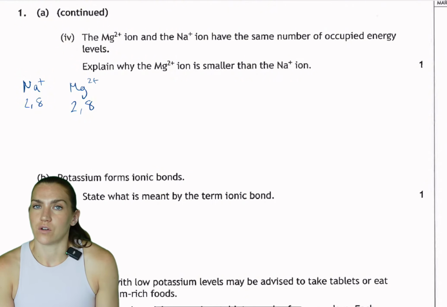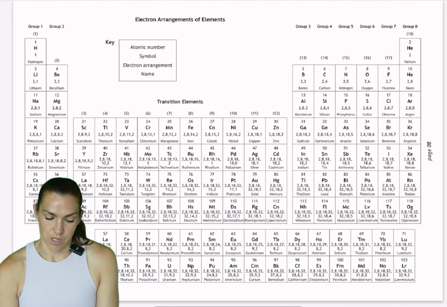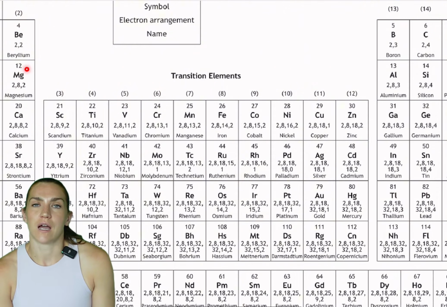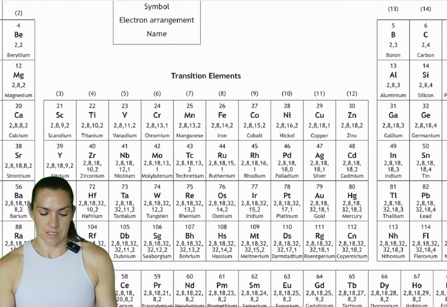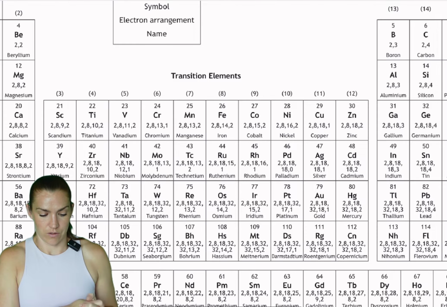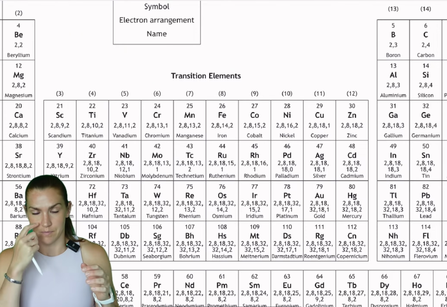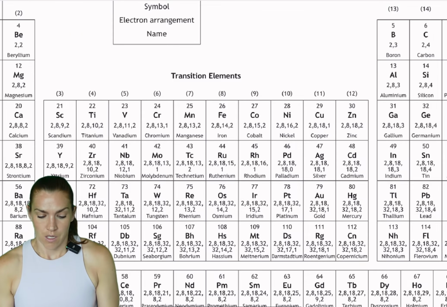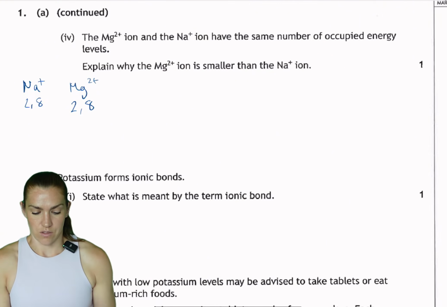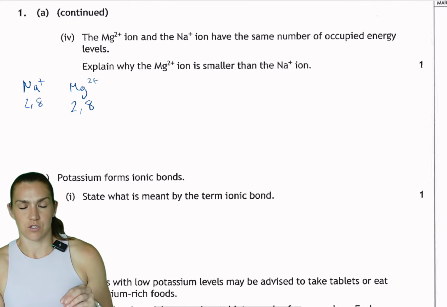The only other thing that can cause the difference in size is the nuclear charge. So if we look at comparing sodium and magnesium, magnesium has more protons, it's got 12 protons in its nucleus, so that means it's got a greater nuclear charge. So that means its 8 outer electrons are going to be pulled in closer to the nucleus rather than in the sodium ion. One thing to make sure of for these questions is you don't mention anything to do with covalent radius, because this is talking about ions.